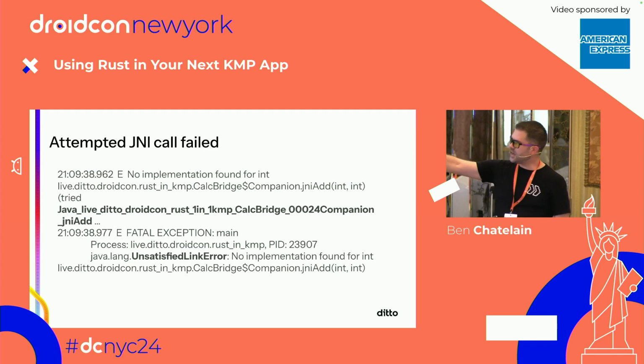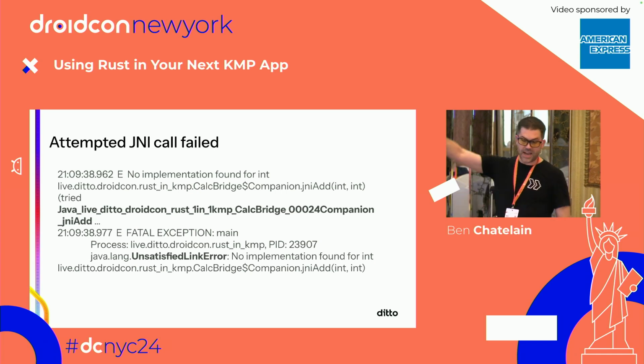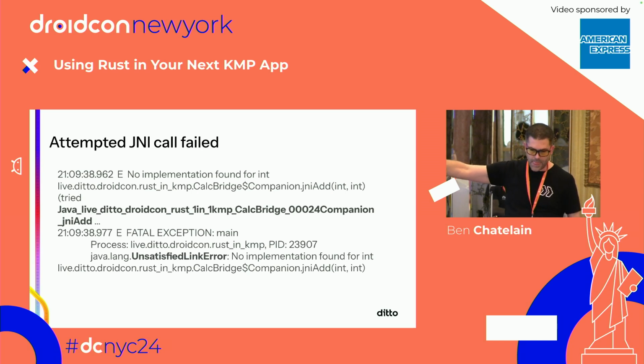You have an unsatisfied link error. So at runtime, the JVM is saying, oh, I need to go across the JNI bridge, talk to the native side, and look for something. It uses the package name and the class name, and if you're using a companion, it's got this weird generated thing, but you notice it has jniAdd at the end there. Okay, now we know the name it's looking for.